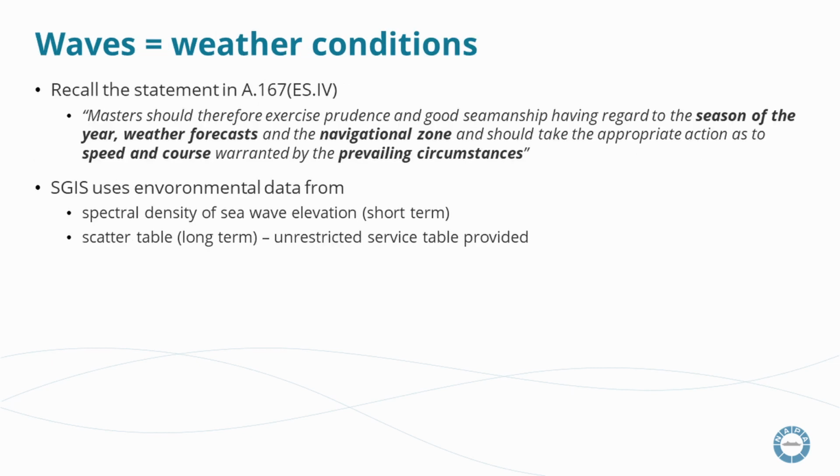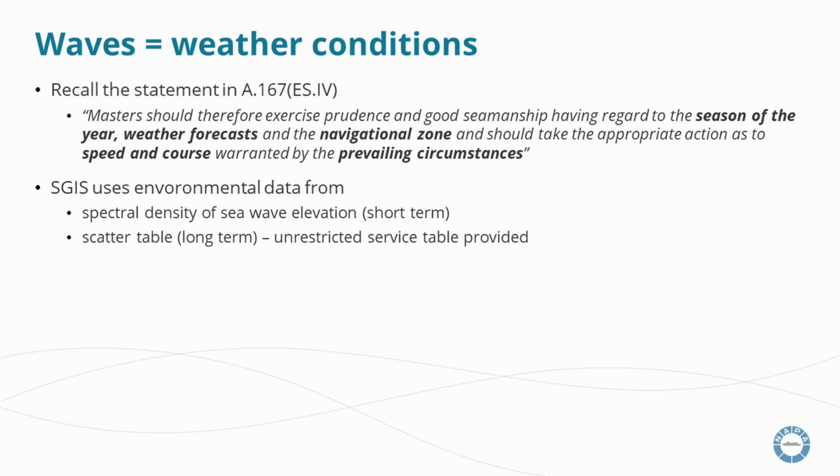Waves are part of the weather conditions a ship faces at sea. If we recall the statement from Resolution A.167, we can see that the conditions the second generation intact stability criteria are intended for are clearly mentioned in the paragraph.